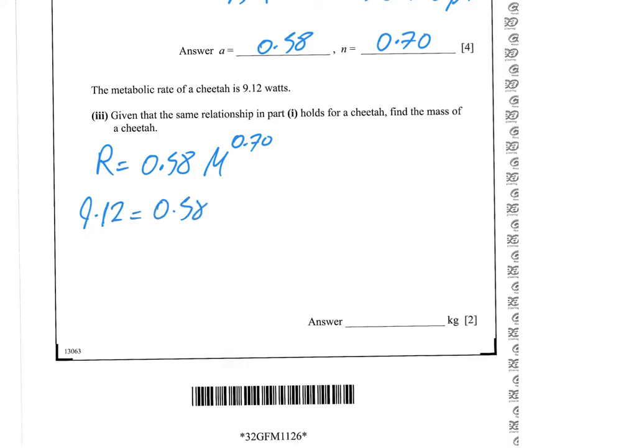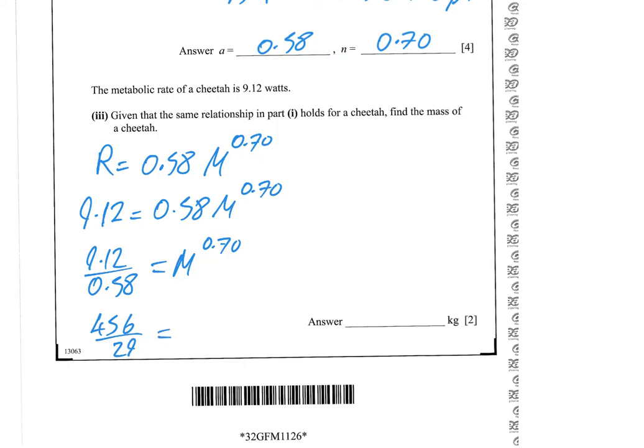So 9.12 is equal to 0.58 m to the 0.70, and that means 9.12 divided by 0.58 is equal to m to the 0.70. And again, if you just tally that up a wee bit, it comes out as 456 over 29 is equal to m to the 0.70.